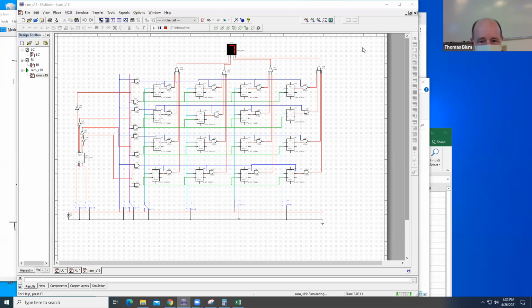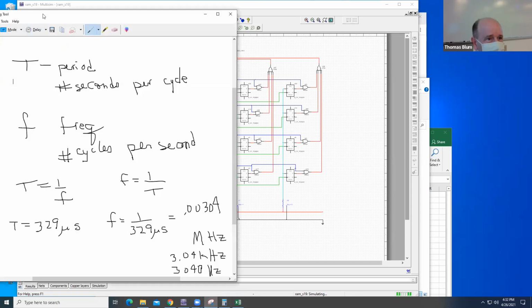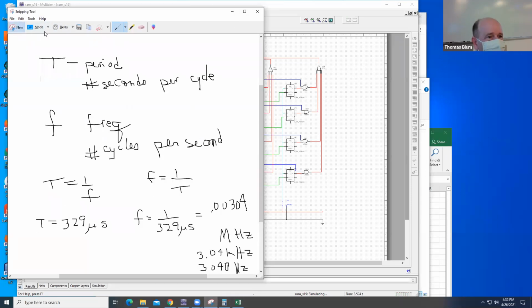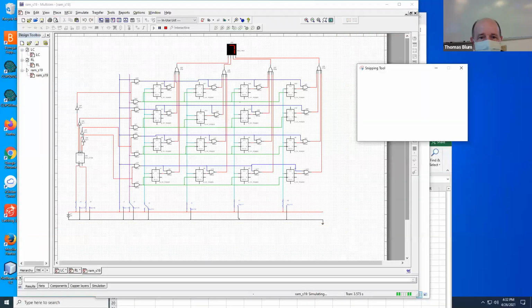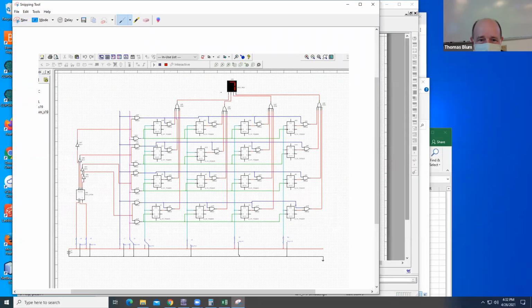Is key 0 the ones place? Okay. Good question. You see up here is my display. And in my display, this is the 8th place. Let me snip it so I can draw on it. In my display, this is the 8th place to 1's place.